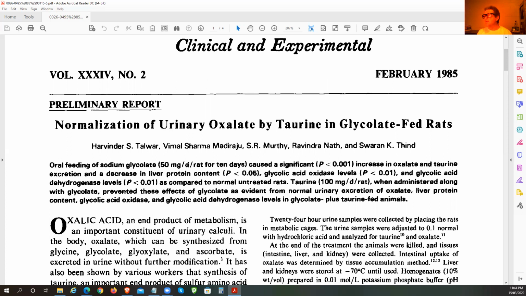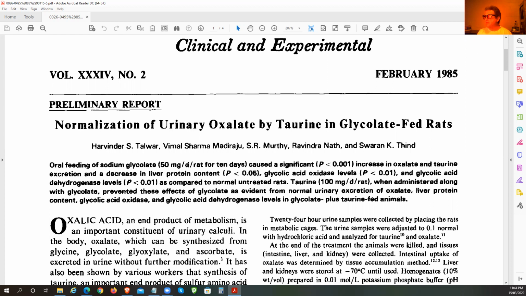It caused significant increases in oxalate and taurine excretion and a decrease in liver protein content. So not only did it increase the oxalate, but it also excreted taurine, which is a good thing. Glycolic acid oxidase levels and glycolic acid dehydrogenase levels changed as compared to normal untreated rats.